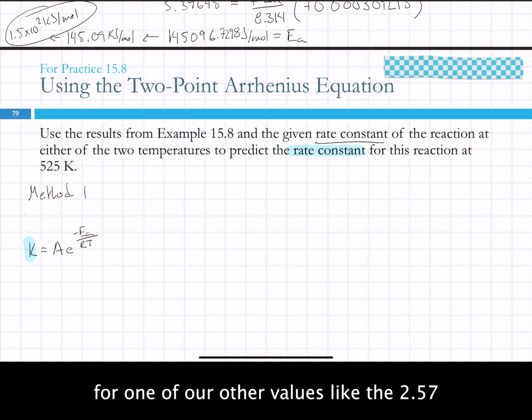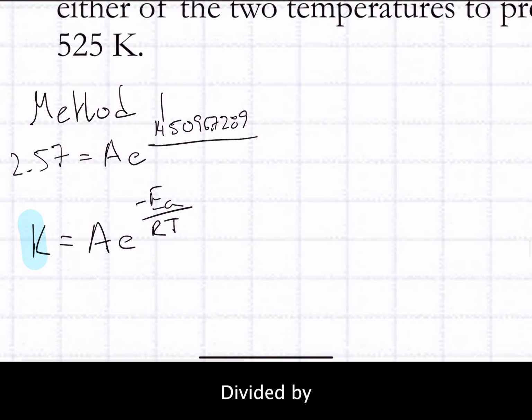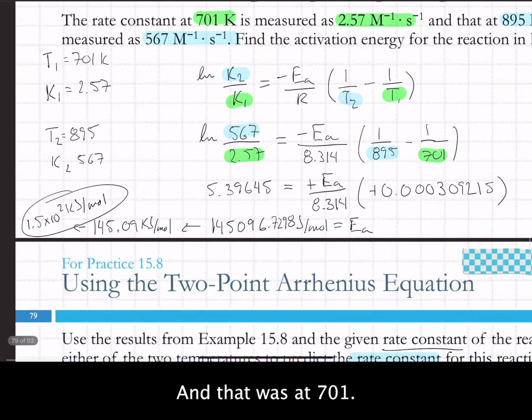for one of our other values, like the 2.57 equals A e to the 145,096.7289 divided by 8.314. Oh, and that was at 701?